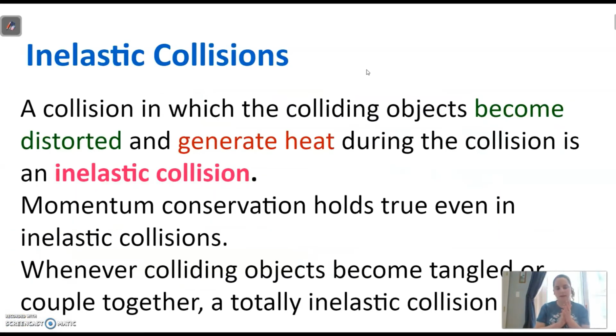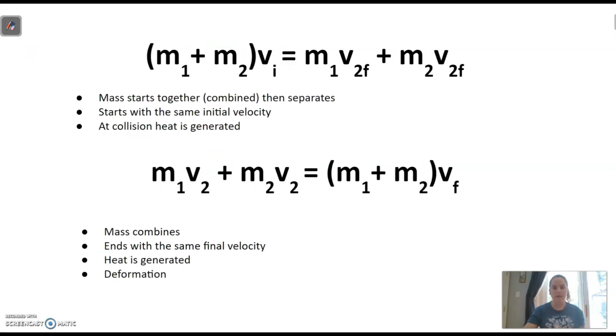So our next type of collision is the inelastic collision equation, and this is the one where your objects are going to stick together or deform, and there's also going to be heat generated. The equation for your inelastic collision can look one of two ways. If your objects are initially starting together and then separate, then it's going to look like the first one.